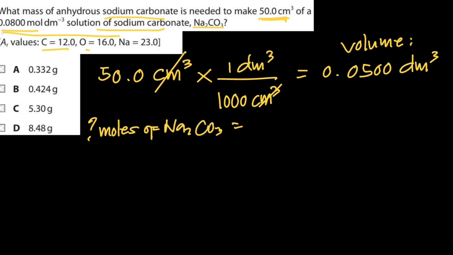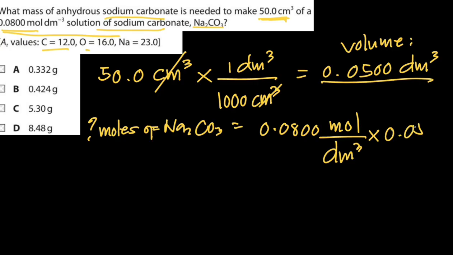But we're given here the concentration, so we just multiply the concentration and the volume. So that is 0.080 mole per cubic decimeter times 0.050 cubic decimeters, and this unit cancels out.